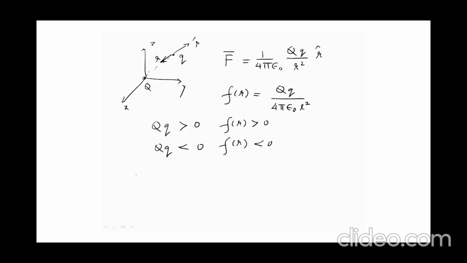So there you have it. A central force motion problem consists of the study of the motion of a particle of mass m under the influence of a force F given by F of r times r cap.